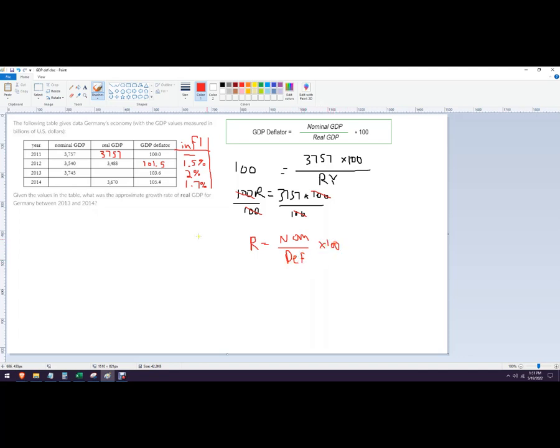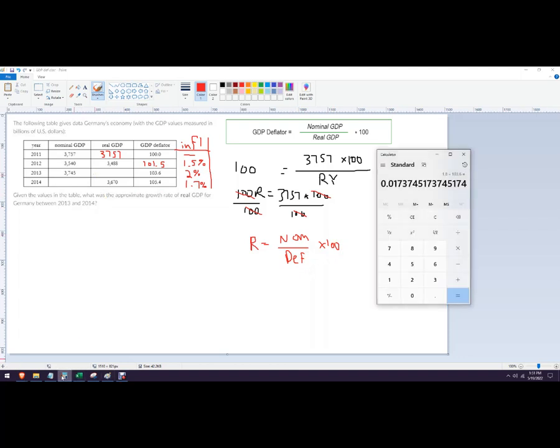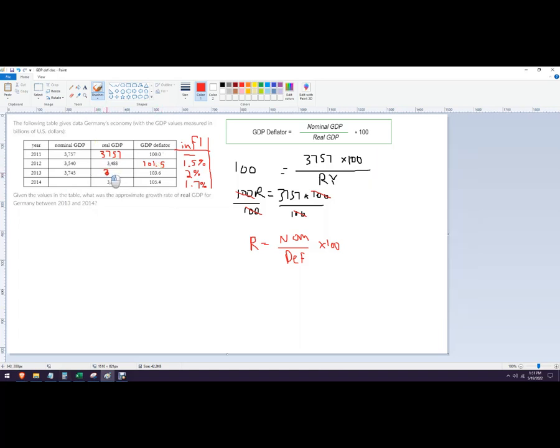So in this case, we've got 3745 divided by 103.6. And then multiplied by 100, I get 3.614 trillion. So it's 3614. Okay, so 3614 is that value there.